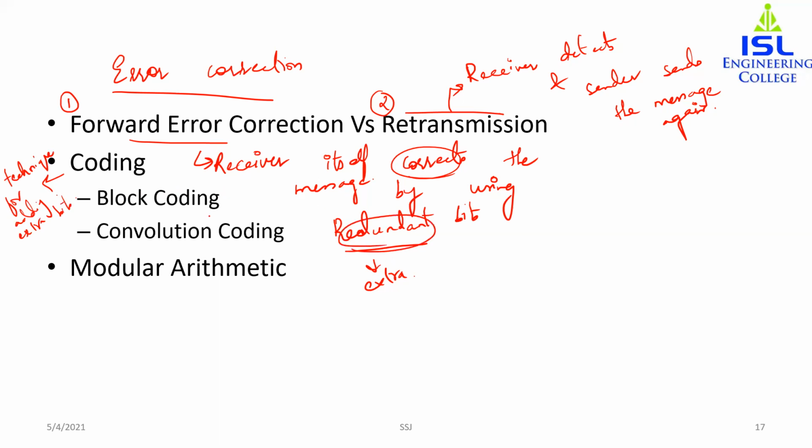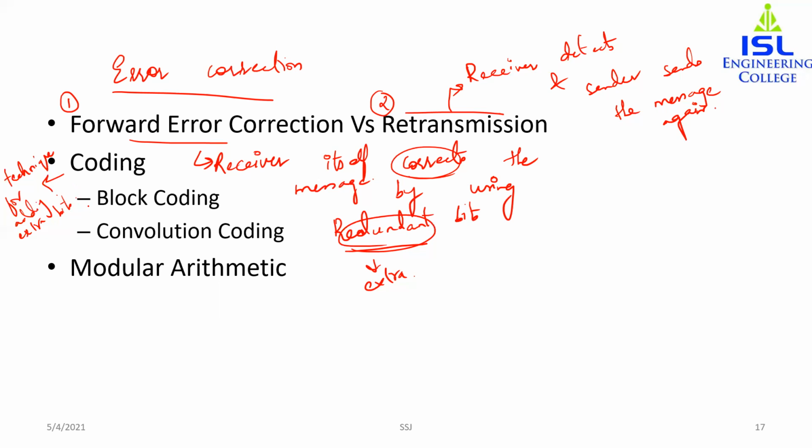The sender adds redundant bits through a process that creates a relationship between the redundant bits and the actual data bits. So the sender will add some extra bits and there will be a relation. Obviously, to understand what is the data and what is the code word, there needs to be an understanding, right? That is done through the redundant bits, and the receiver checks between the two sets of bits to detect or correct the errors, and then it extracts or generates the actual data.